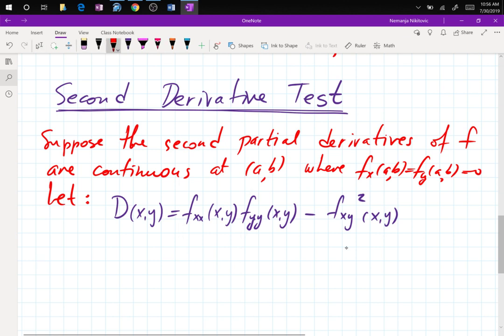Oh, come on. I ran out of ink. There's no more ink in my pen.